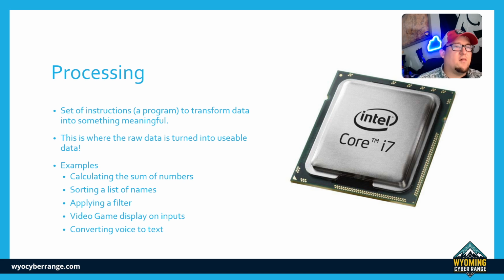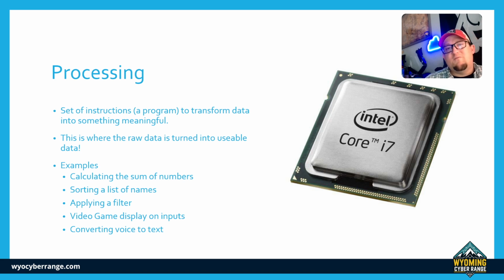After we have our input devices, we're going to move on to processing. We're going to take all of that data that we inputted into the computer, and then transform it into something meaningful. This is what processing is: we're going to convert it from raw data into usable data. Some examples of this could be calculating the sum of numbers, sorting a list of names, or applying a filter.